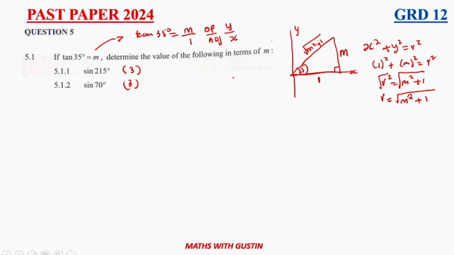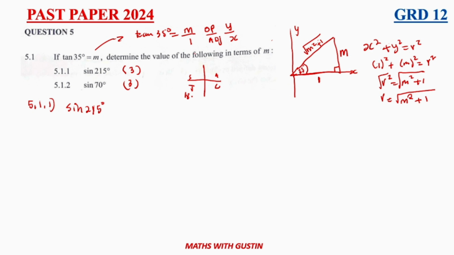Now they are saying we need to determine the following. 5.1.1 is sine 215. I've got a very nice way of simplifying this, guys. You have to remember our Cartesian plane.